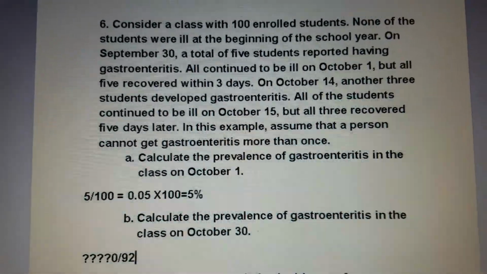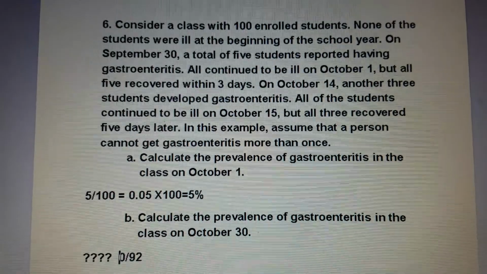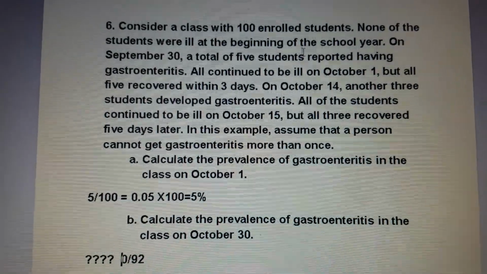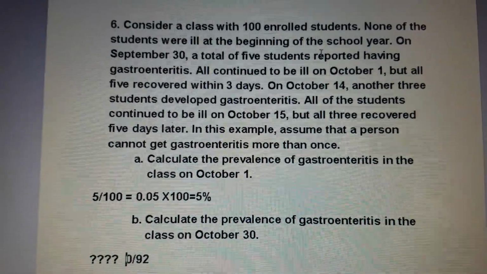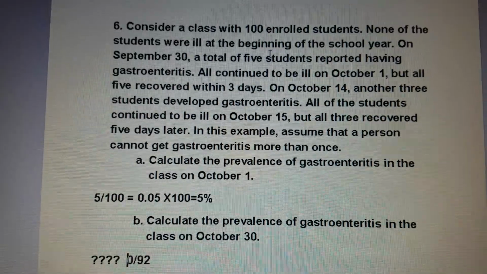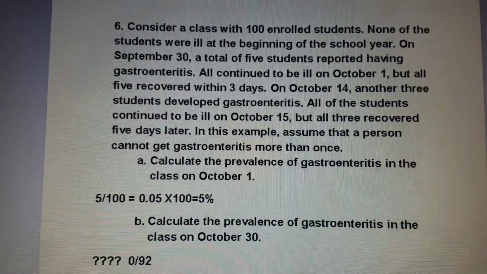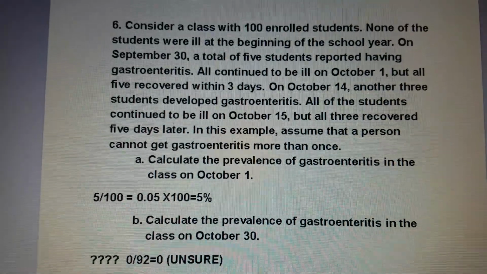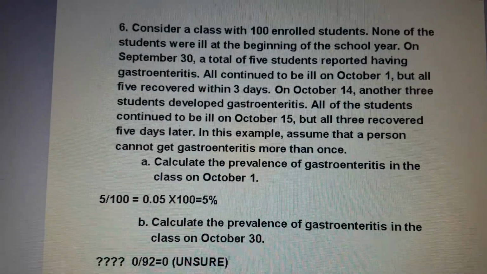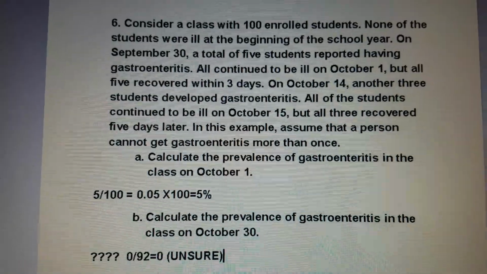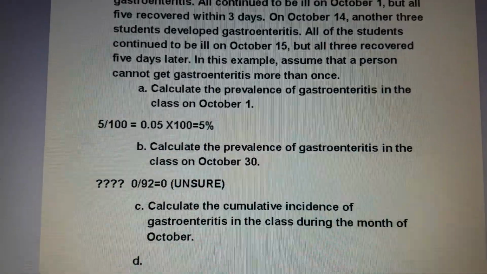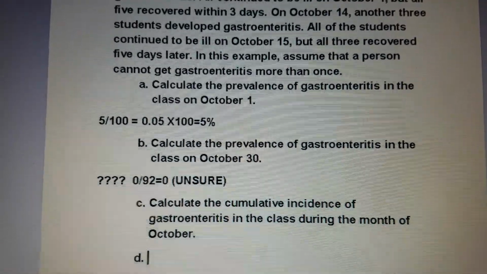I said 0 cases on October 30th, however, divided by 92, I think, because we have to subtract the students that already had GI, 5 here and 3 over here, which equals 8. So I don't know. I'm unsure. I got 92 for my denominator.